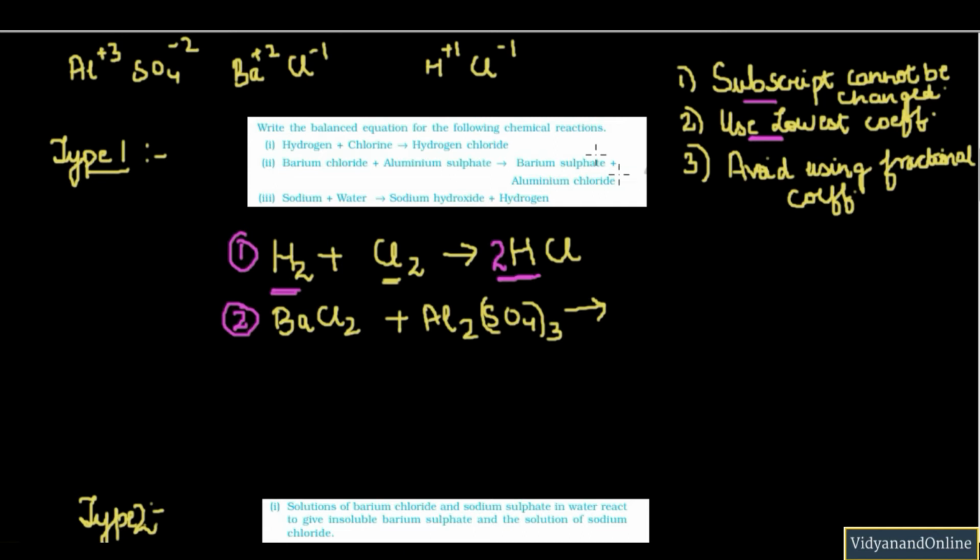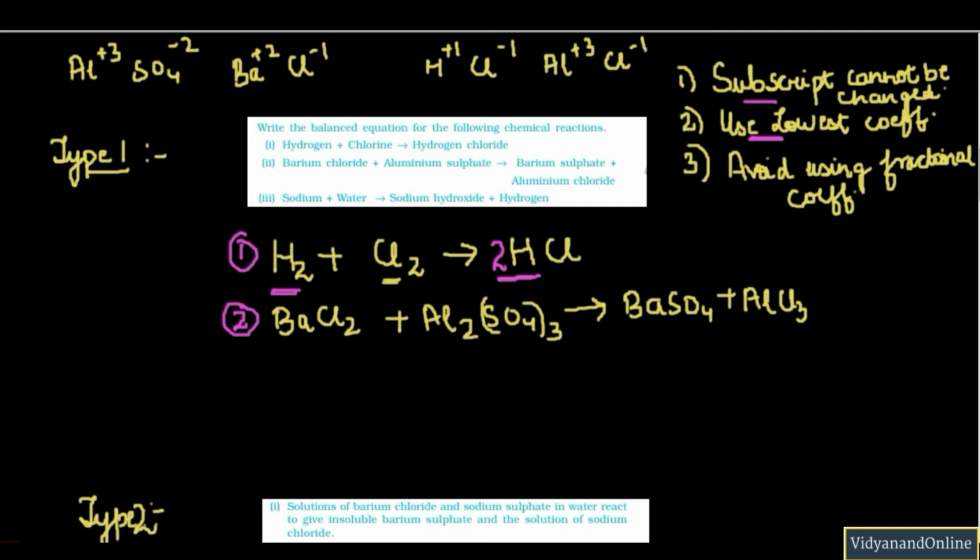Now in the products, we have barium sulfate, which will be BaSO4, plus aluminium chloride. Aluminium is +3 and chlorine is -1, so it is AlCl3. I am telling you how to make these formulas so that you do not cram them. You should know how they have originated.